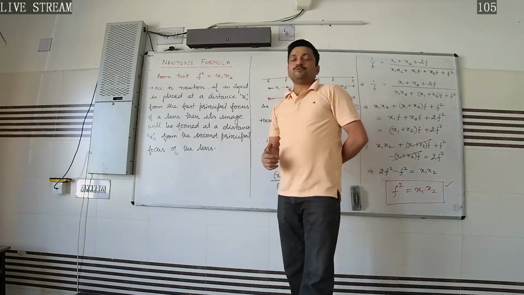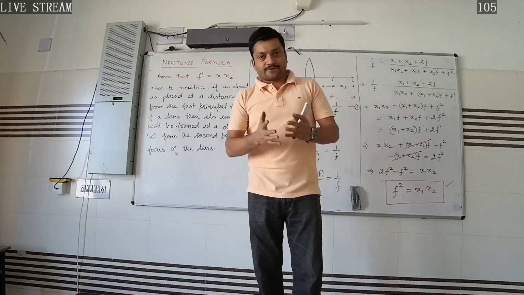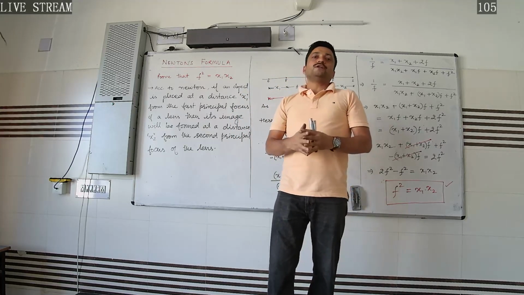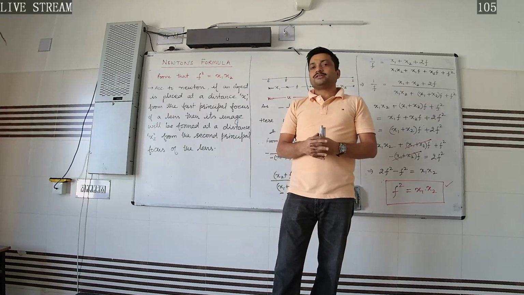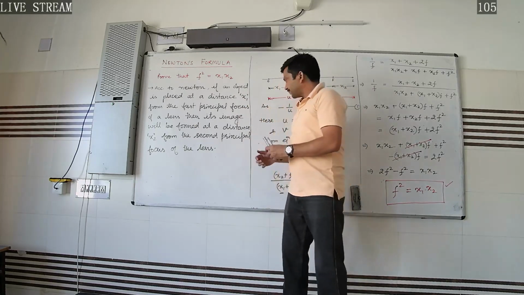So till now we have studied the power of a lens, then we derived the expression for the equivalent power of the combination of two lenses separated by a small distance d, and then this Newton's formula.